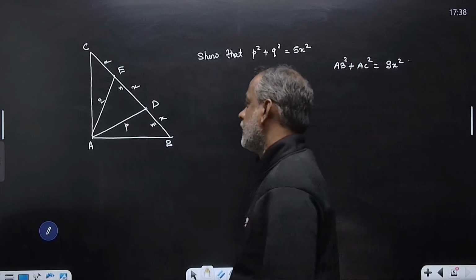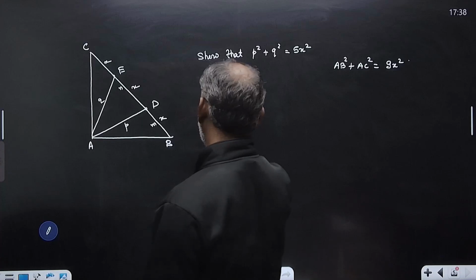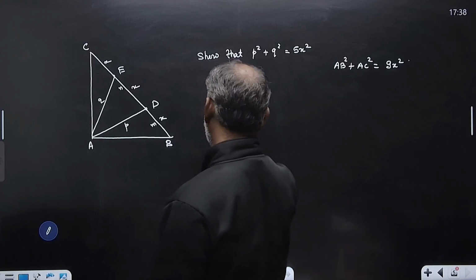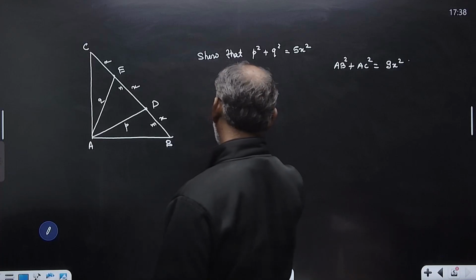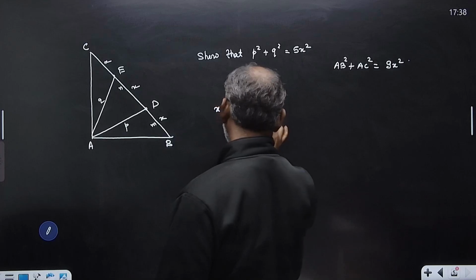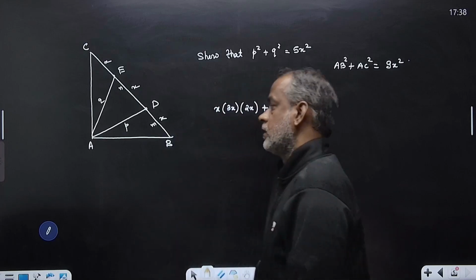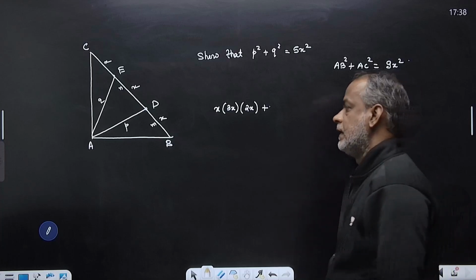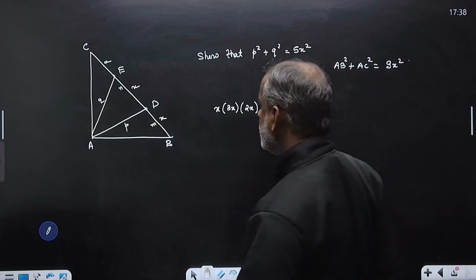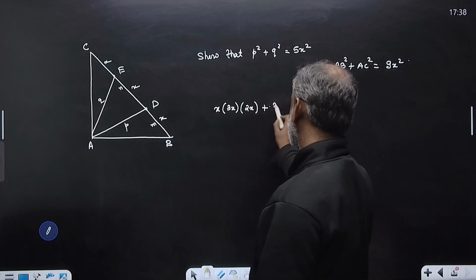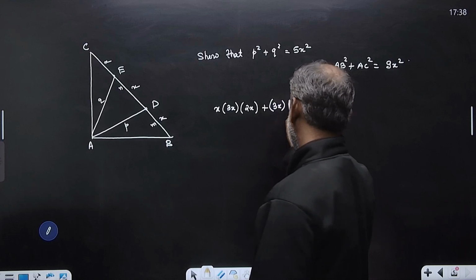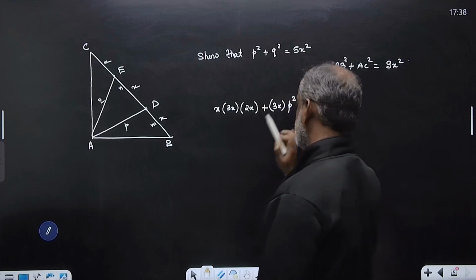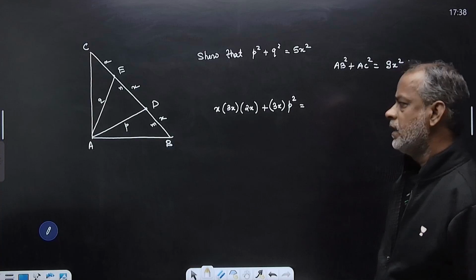So, man plus d, which is AD square. So, it is bmb.